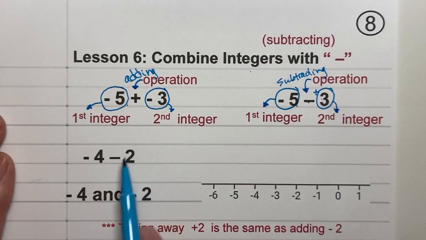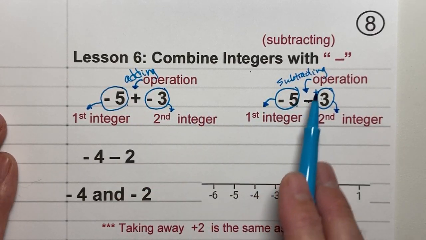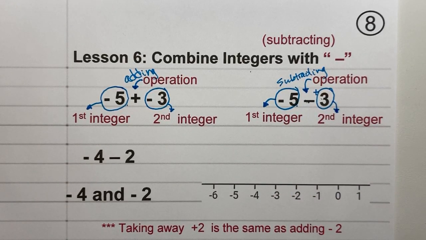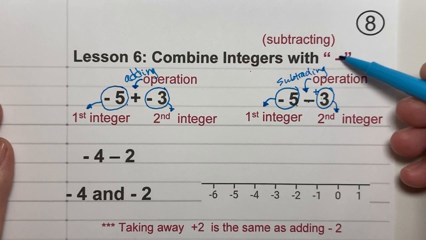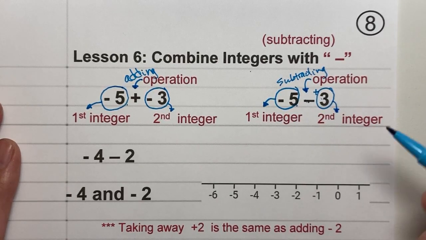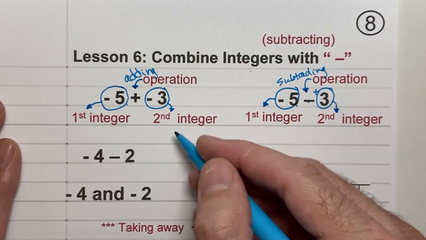So our trick, when we take a look at these subtraction problems, is to remember something we've been doing since last week: whenever we see this negative sign or a subtraction sign, we need to be thinking the opposite.